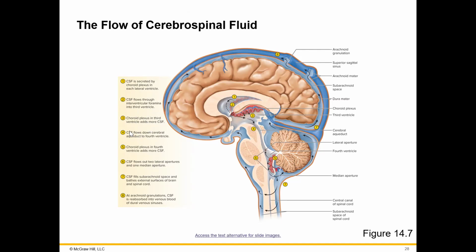And number four, the cerebrospinal fluid would flow down the cerebral aqueduct to the fourth ventricle. And the choroid plexus in the fourth ventricle would add even more cerebrospinal fluid, and the cerebrospinal fluid out of the two lateral apertures and this median aperture would flow through the central canal, would fill the subarachnoid space and bathe the external surface of the brain. At the arachnoid granulations, cerebrospinal fluid is reabsorbed into the venous blood of the dural sinuses.